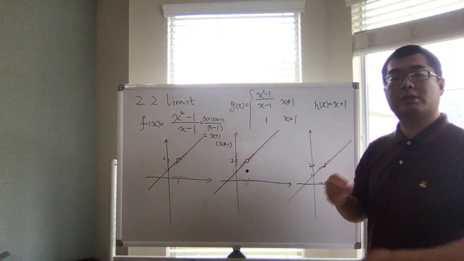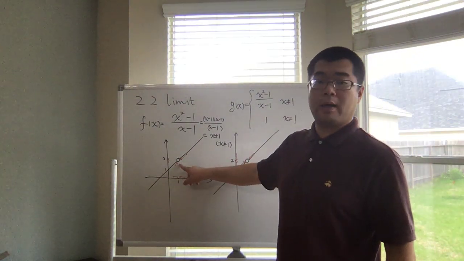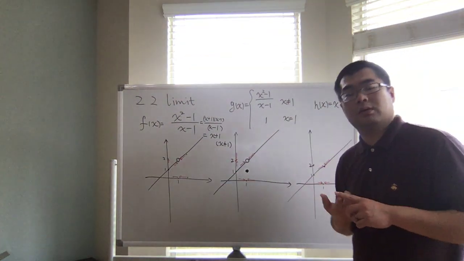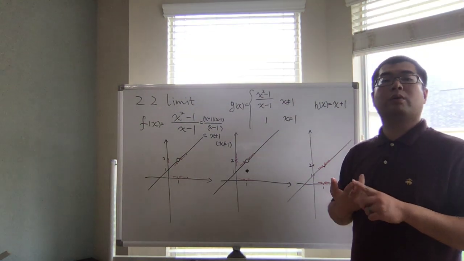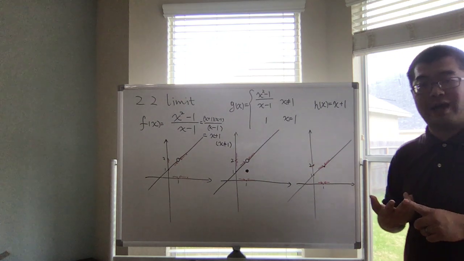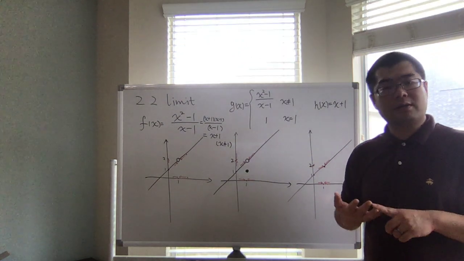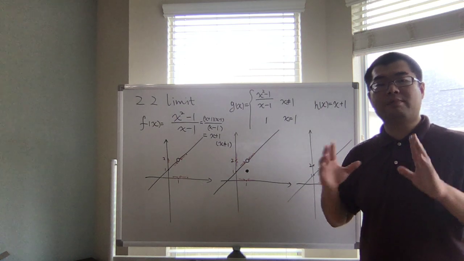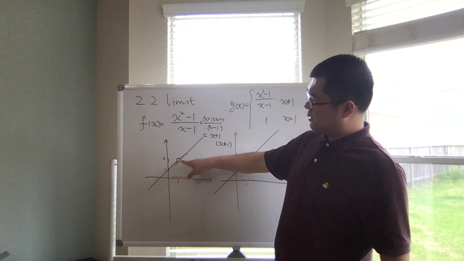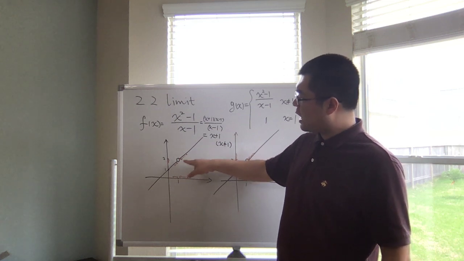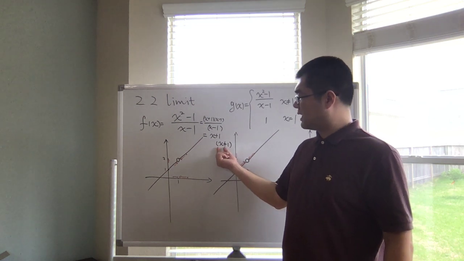And you can see, guys, at x equals 1, whether my function is defined or defined into a different value or is not defined, it doesn't matter. Do you see that? For example, in our first case, f(x) is not defined at x equals 1 because x cannot be 1.